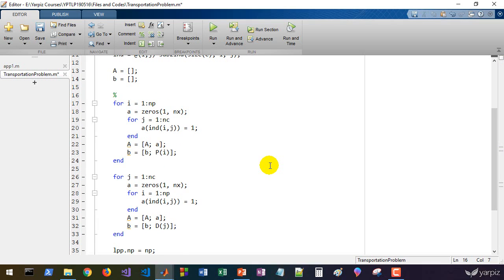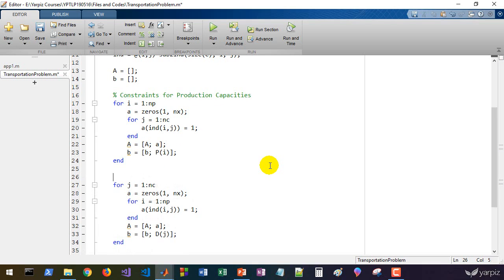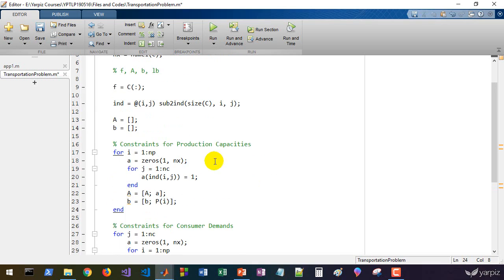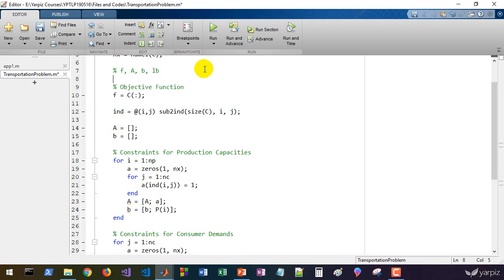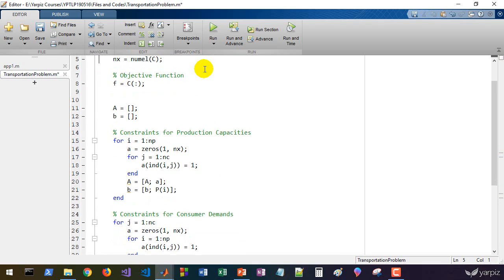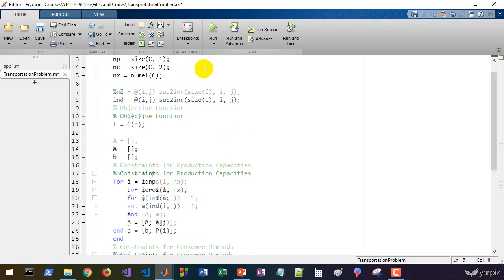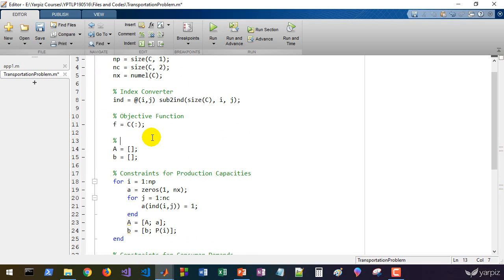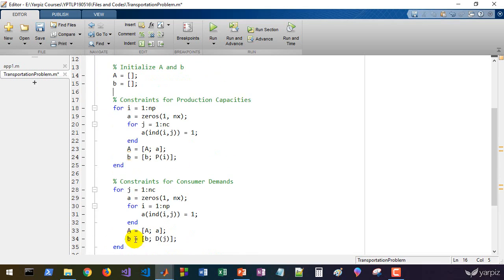So these are our production capacity constraints, and constraints for consumer demands, and this is our objective function. And now we just need to define lower bounds. Let's move this index converter, and we initialize A and B. Let's simplify it.